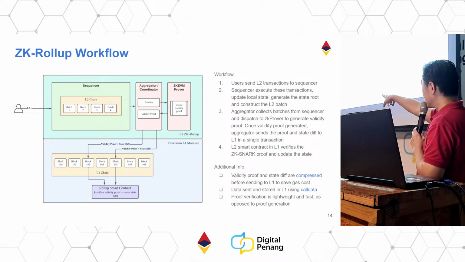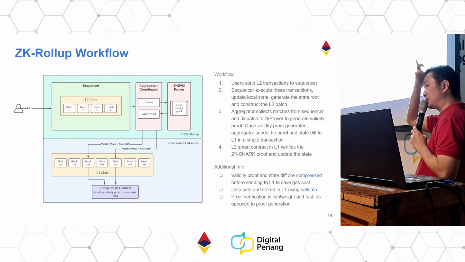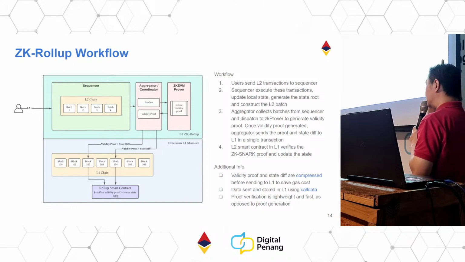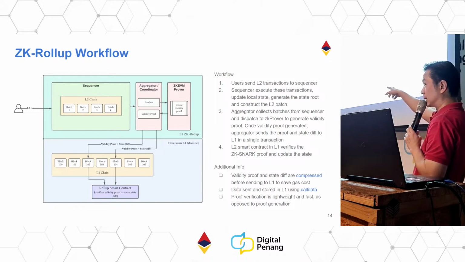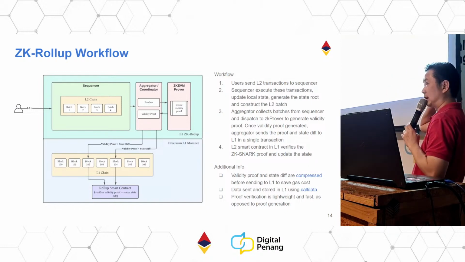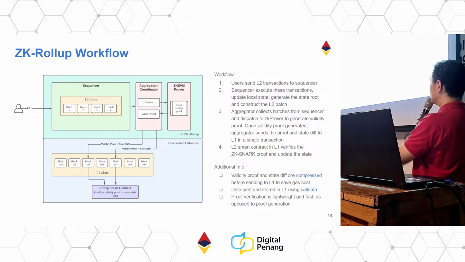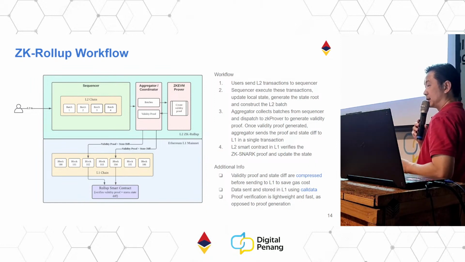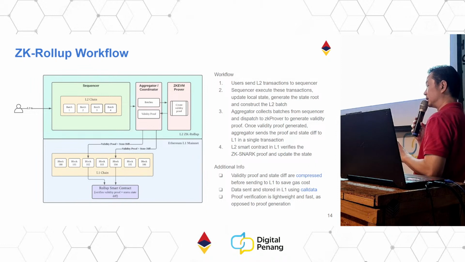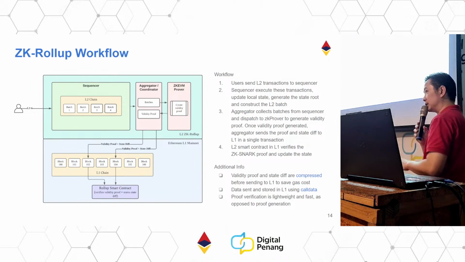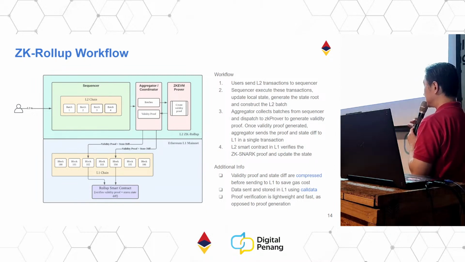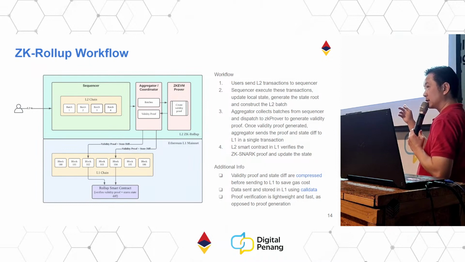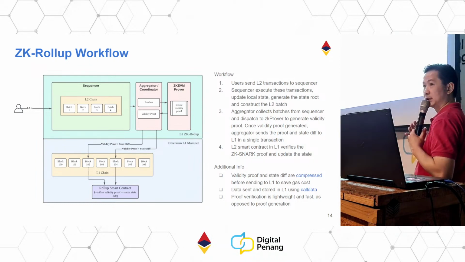By doing that, you can have an instant finality. That means the asset that you bridge from L1 to L2, if you want to withdraw the asset, you can do that. As opposed to optimistic rollup, where the asset is sitting there. It's not finalized until the challenge period is over. That means 7 days later only you can withdraw your money. But here, once the validity proof is verified, you can actually withdraw your money.